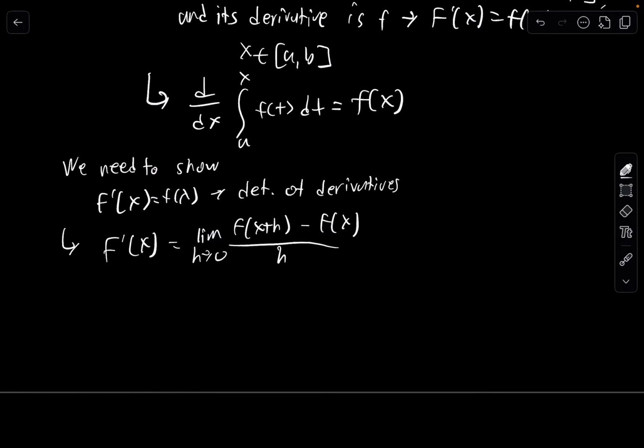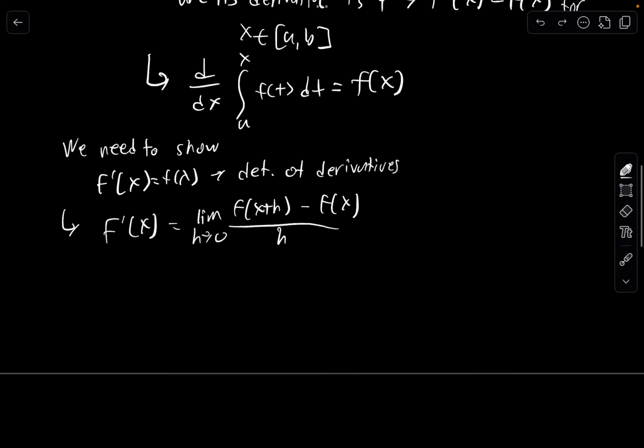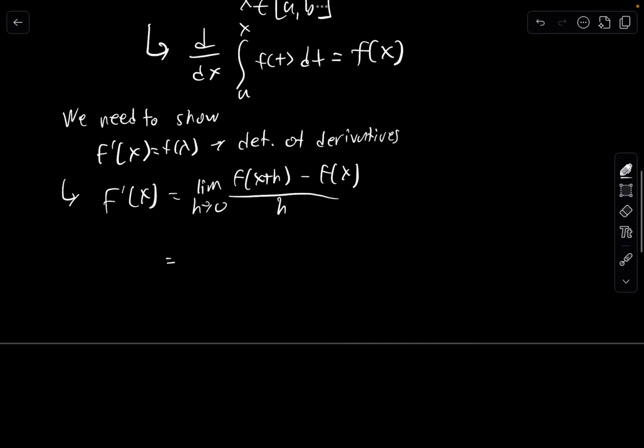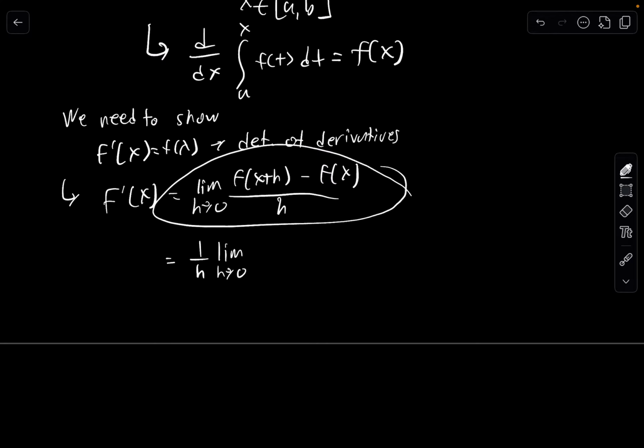And here we can bring this h outside of the limit just to make things look very nice. This is really just 1 over h times the limit as h approaches 0 of, and by the way, this is just the definition of derivative.